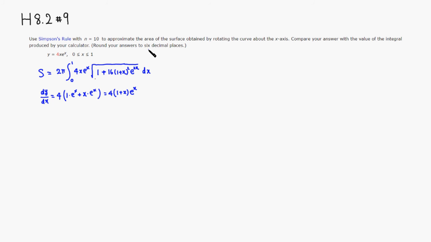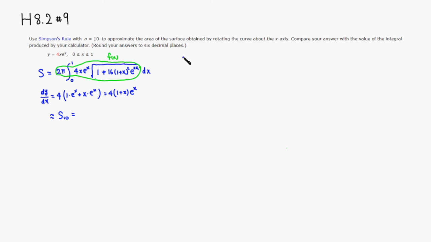Then what we want to do is approximate it using S sub 10, Simpson's rule. I'm going to call this guy f of x, so it's all the integrand including the 2 pi. I'm going to include all of that and call it f of x. Then this can be approximated by S sub 10. For Simpson's rule, we have to find delta x first.